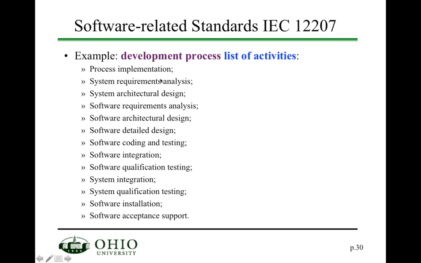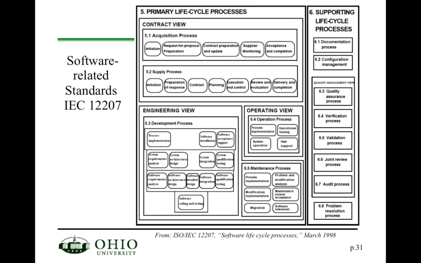And you see, we've seen some of these already: system requirements development, software requirements analysis and design, architectural design, detailed design. We saw the same thing when we were talking about 61508 as part of the V life cycle model. So you see, 12207 may give a different spin on it, but most of the ingredients are still there. And we'll see that this is the same case when we start talking about DO178C.